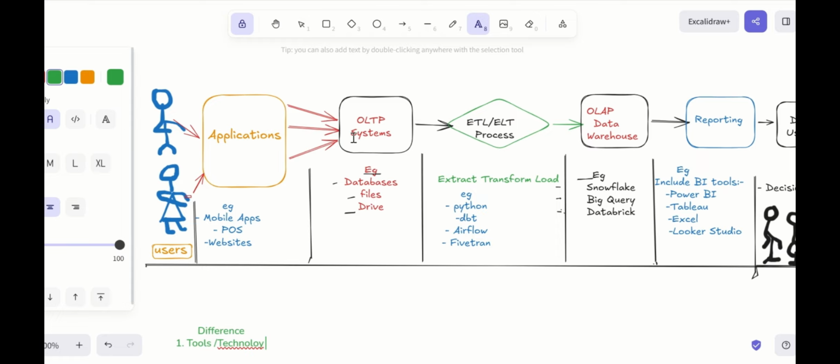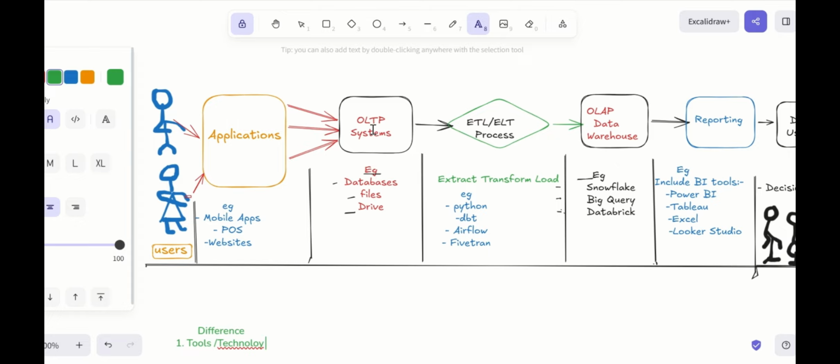So they should be designed to support transactional data, so that users can interact with the application without any delay, with faster performance.